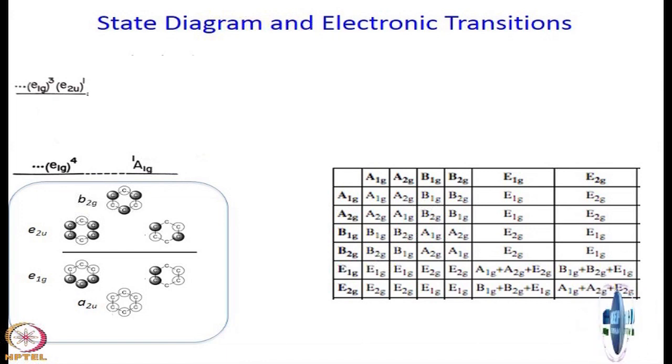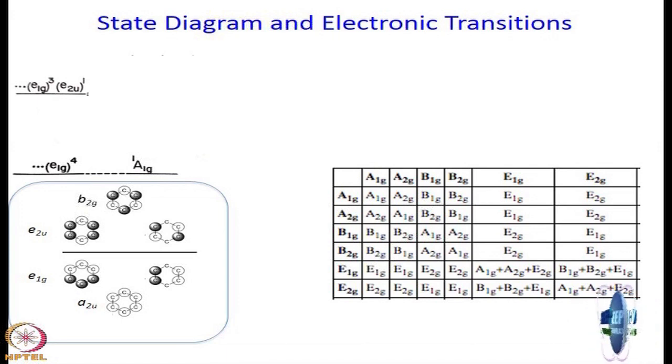What happens when there is a HOMO-LUMO excitation? HOMO is E1G, LUMO is E2U. Instead of 4 electrons here, I will have 3, so I get E1G3, and now I have 1 electron in E2U, that gives me E2U1, agreed now? How do I find the symmetry of this state? What are the MOs that are singly occupied? 1 E1G and 1 E2U.